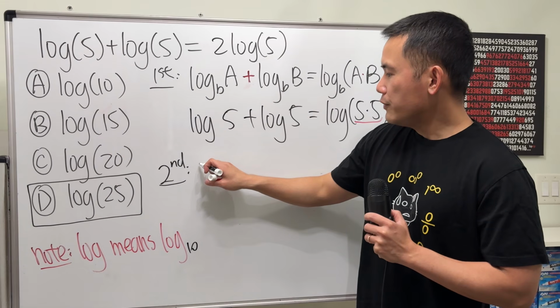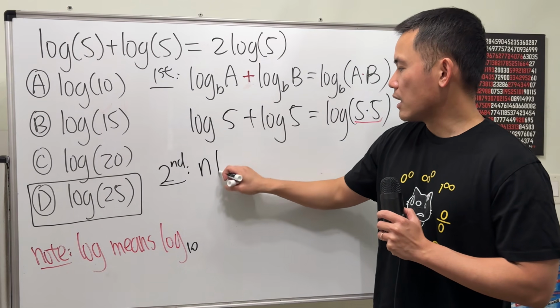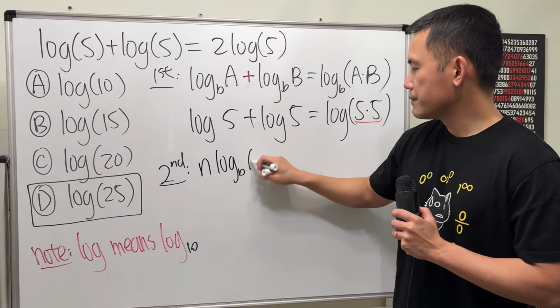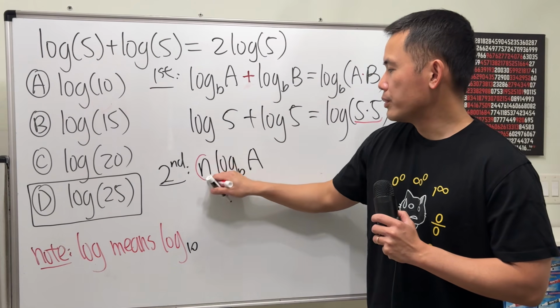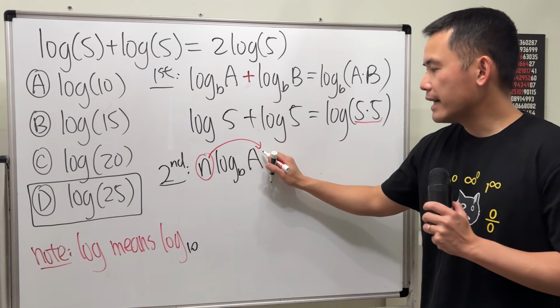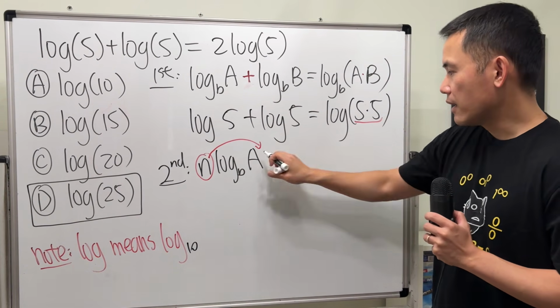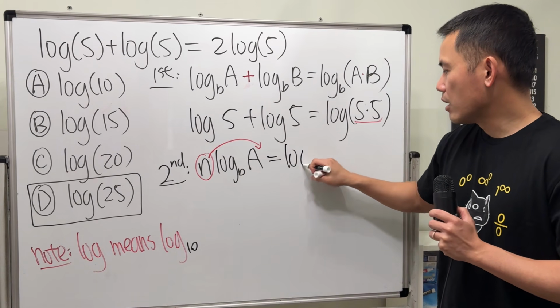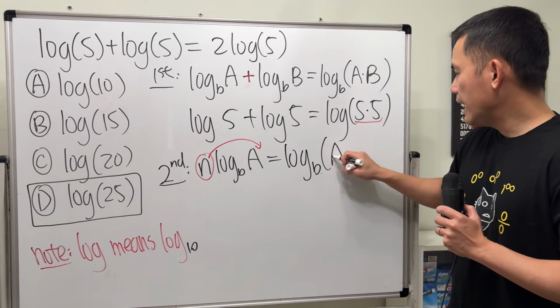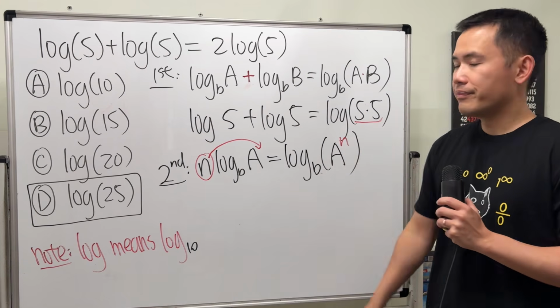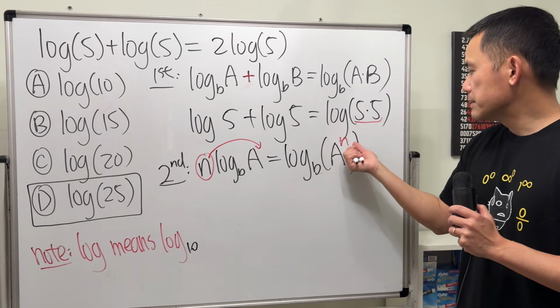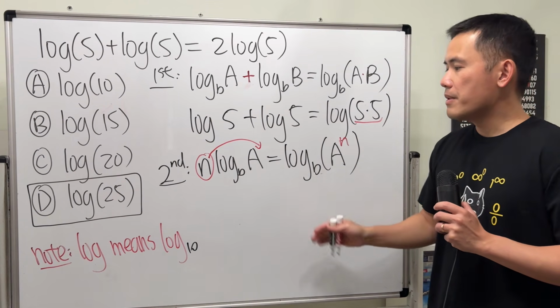The truth is, whenever you have a number in front of the log of whatever, what you can do is put a number up here and make that into an exponent for the thing inside. So this becomes log base b of a to the nth power. And keep in mind, it's a to the nth power on the inside of the logarithm, right?